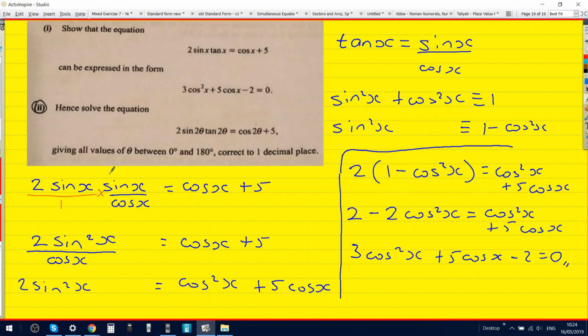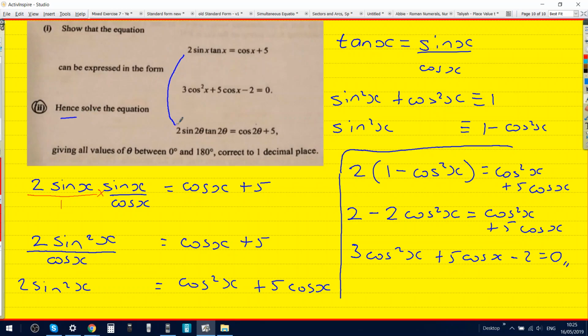Hence, how do you do this next one? And solve the equation. Do we need to use what we've already got? Yeah. Hence means it matches up with the previous one.